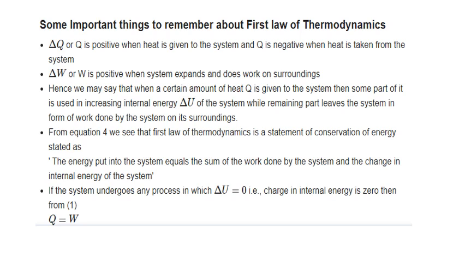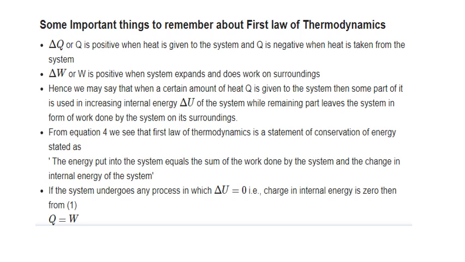Work done is positive when the system expands and does work on the surroundings. Hence, we may say that when a certain amount of heat is given to the system, some part of it is used in increasing the internal energy, while the remaining part leaves the system in the form of work done by the system on the surroundings.